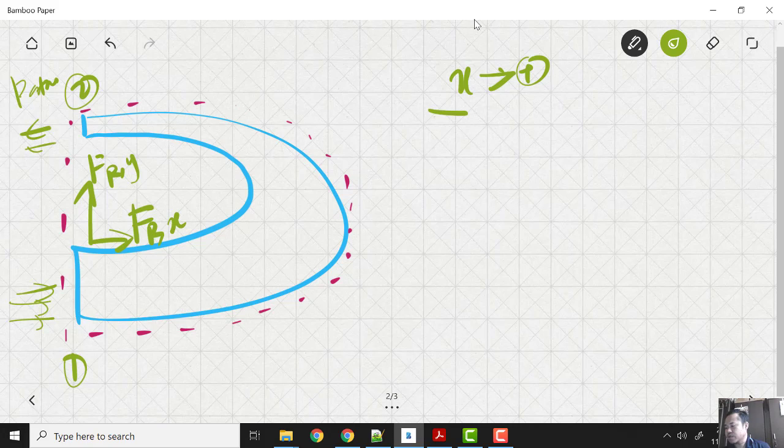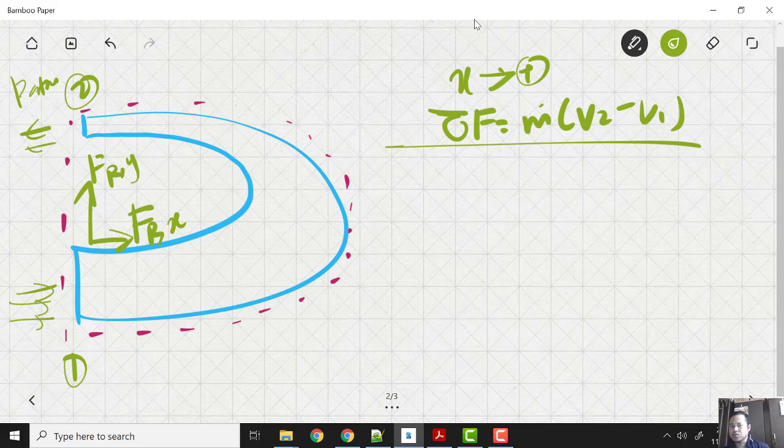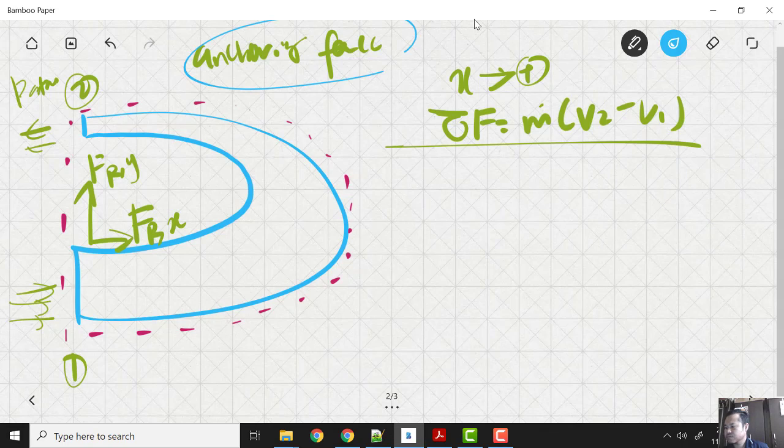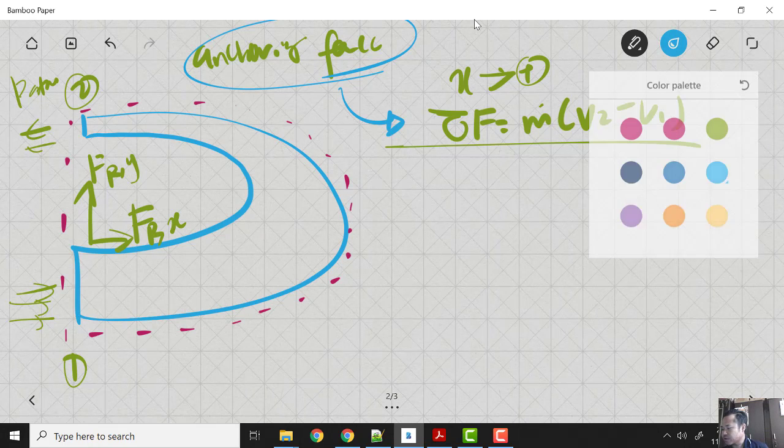From the equation, total force equals m dot times V2 minus V1. This is the linear momentum equation that you will always use to solve anchoring force problems. So if you encounter a problem about anchoring force, use this equation.